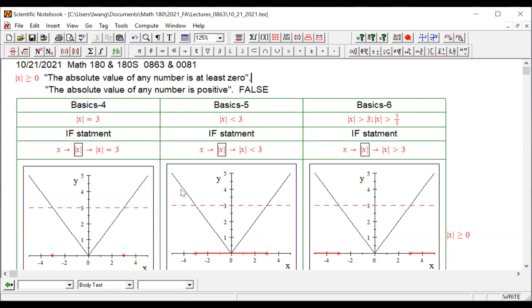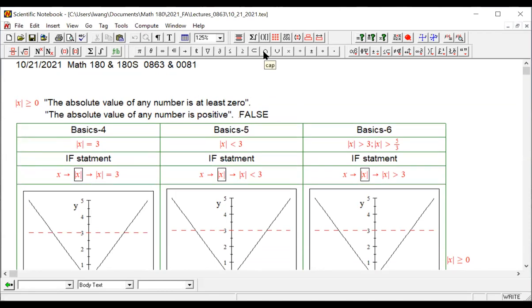And also yesterday we talked about the 3 types: equal, less, greater. These are if statements. To understand these further, we said the absolute value of any number.